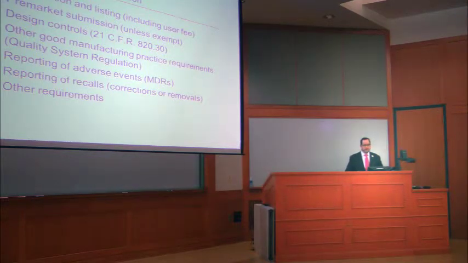I know a lot of people will push out updates through the internet. That could actually constitute a recall if it's regulated by FDA. And if it is a recall that affects the health or safety of the product, then you would need to report that to FDA. And then there are some other requirements.